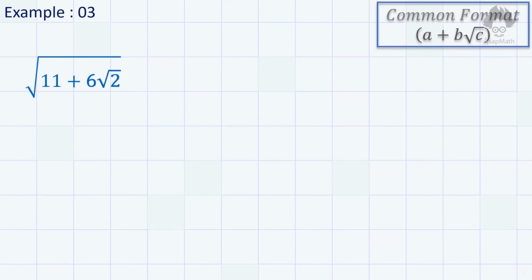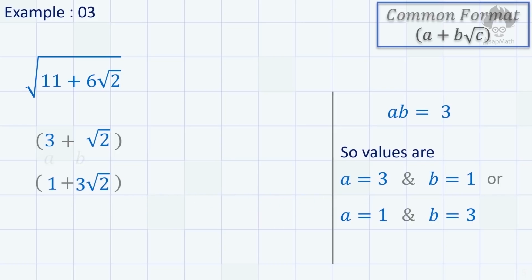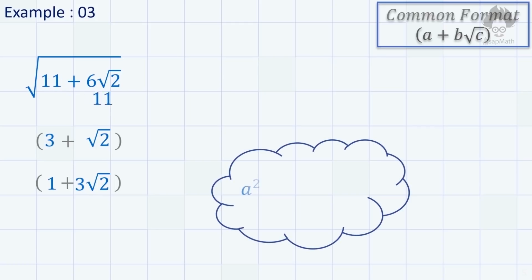Now we can do the example 3 using the above steps. Here also, there are two possible set of answers for A and B. We have to do the mind calculation to get the correct answer.